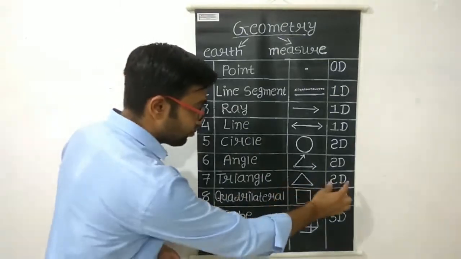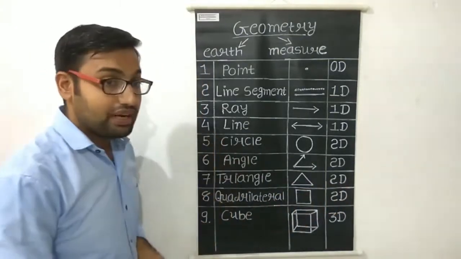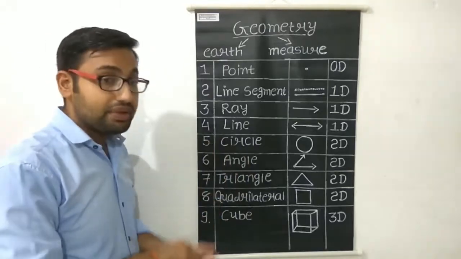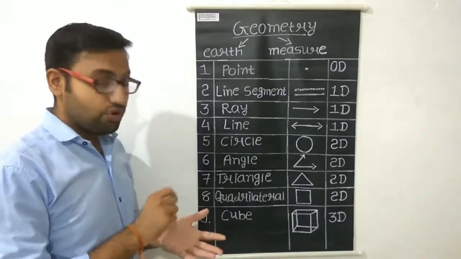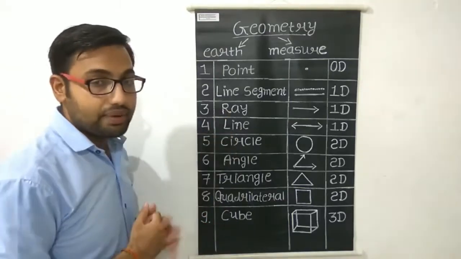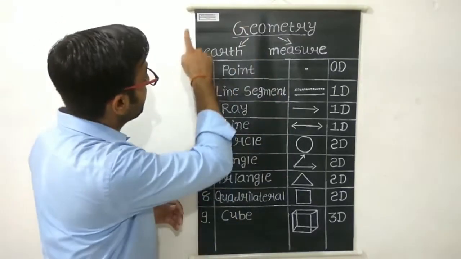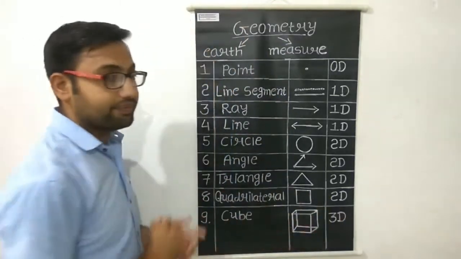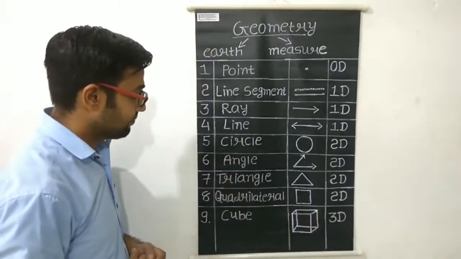Here also this is a two-dimension figure, right? What do we actually mean by a two-dimension figure? A two-dimension figure means a plane figure, like the paper of your notebook. It is also a two-dimension figure because it has only length and breadth. This board is also a two-dimension figure. It has only height and length. So this type of shapes are called two-dimension shapes.